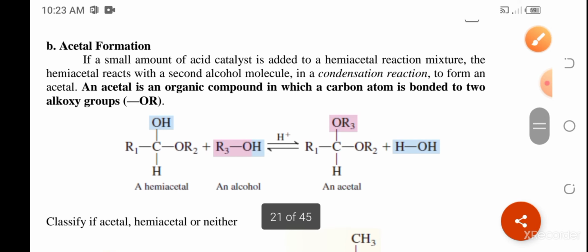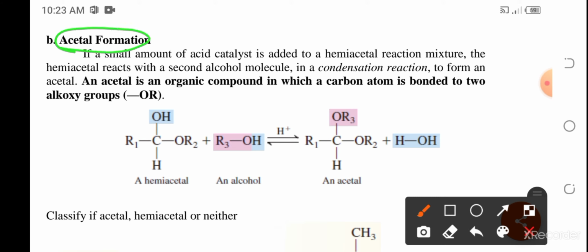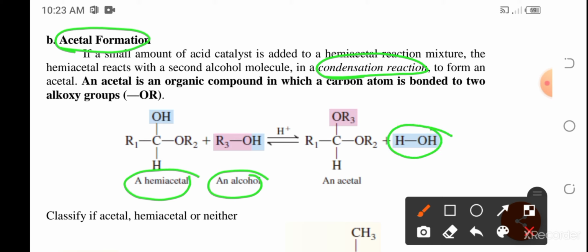Hemiacetal. Now, what about for acetal formation? So, acetal formation is the reaction between hemiacetal and an alcohol. So, this type is a condensation reaction wherein meron ng mariremove na water from these two reactants.